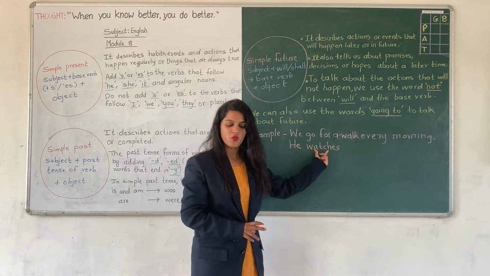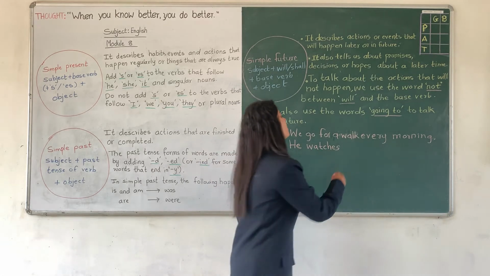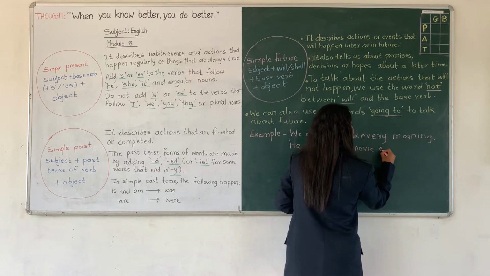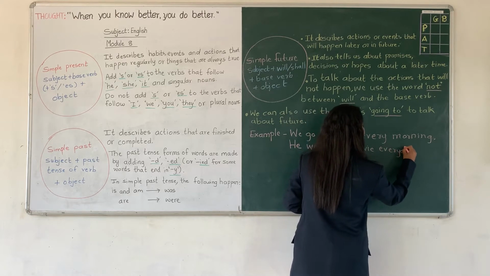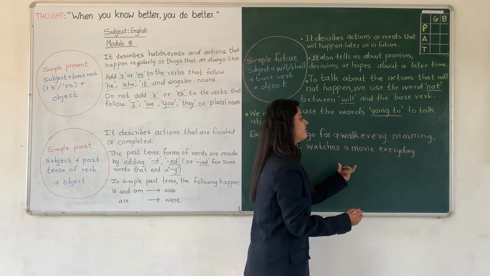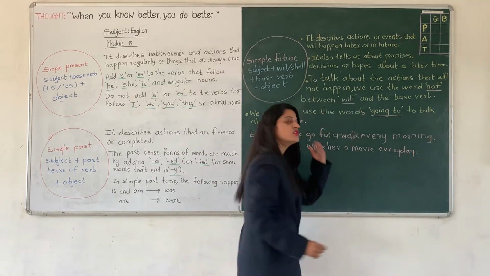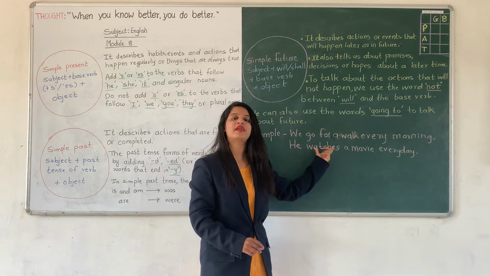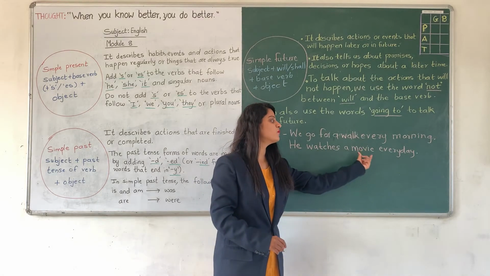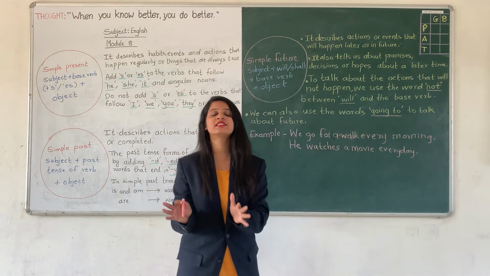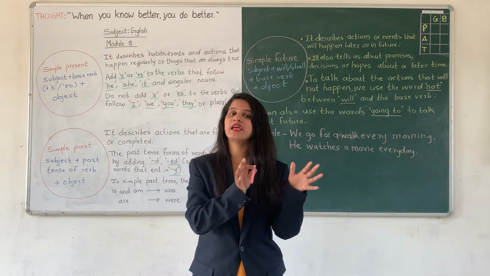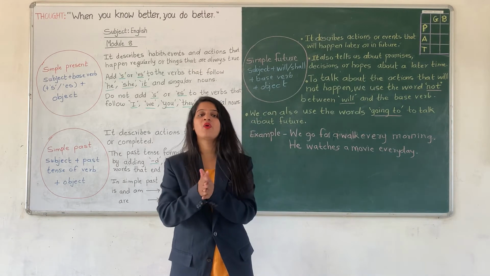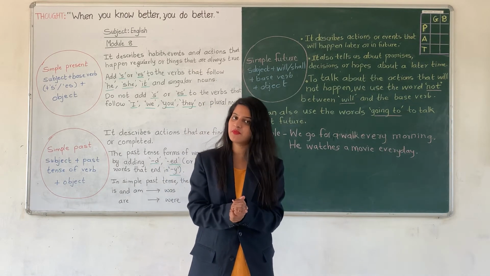So he watches a movie every day. Okay? So he is subject, watches is a base verb, and a movie every day is an object. Okay? So my dear children, now I hope you have understood simple present tense.